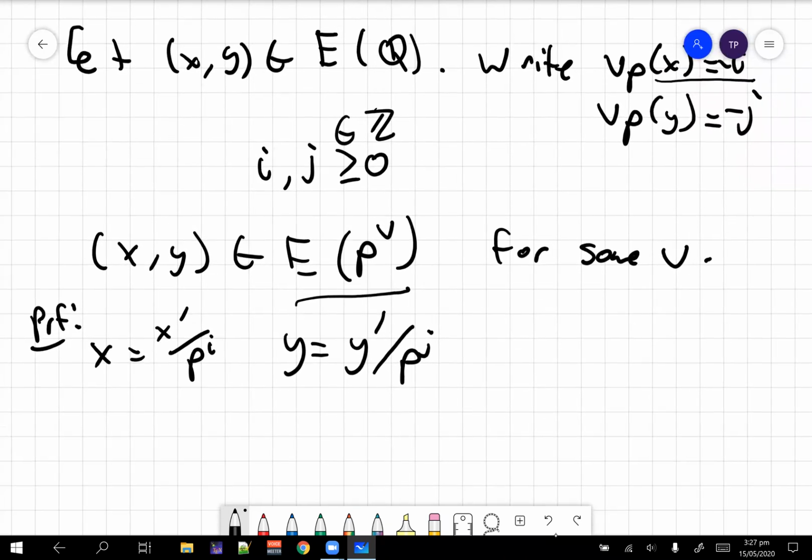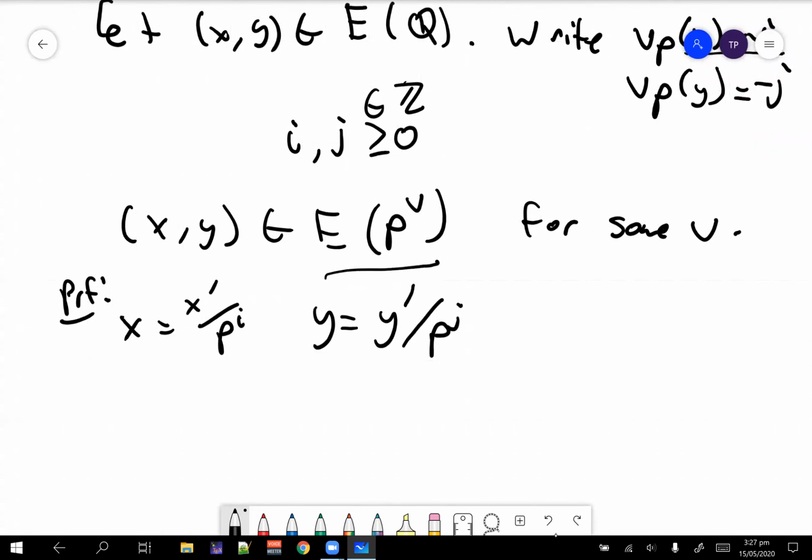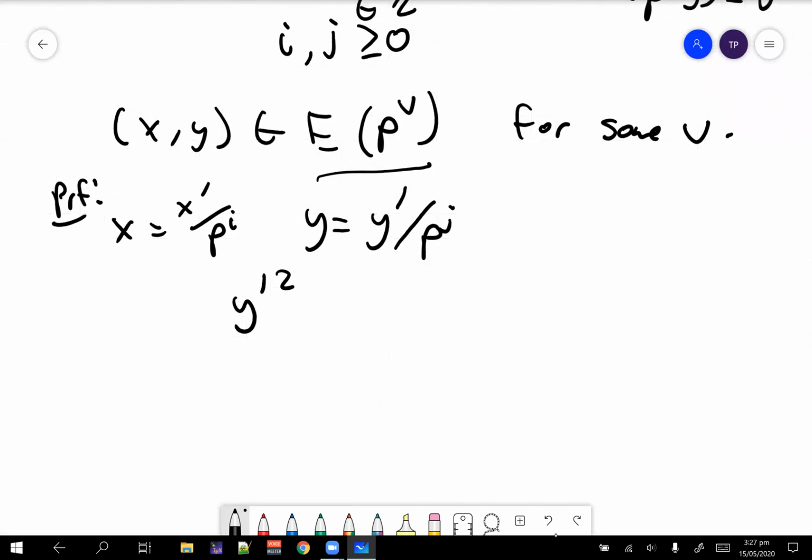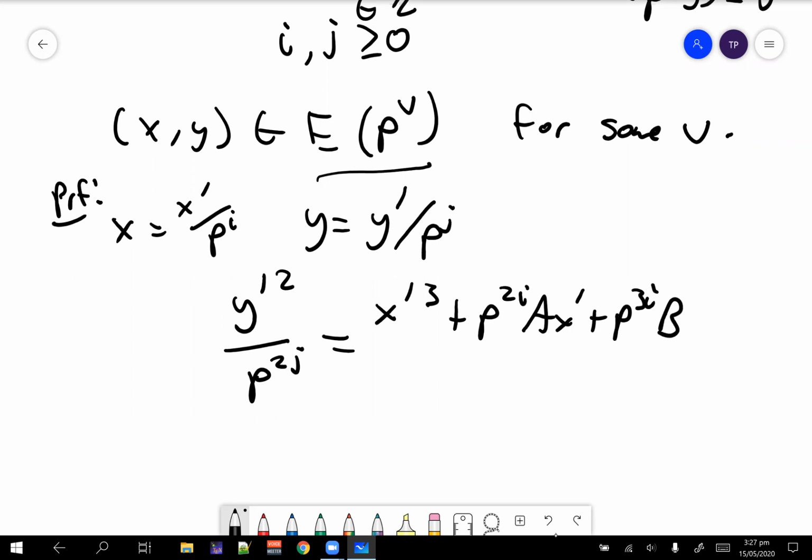So then we can just do the straight calculation. y prime squared over p to the 2j is x prime cubed plus p to the 2i a x prime plus p to the 3i b over p to the 3i. Recall that our elliptic curve E is given by y squared equals x cubed plus ax plus b.